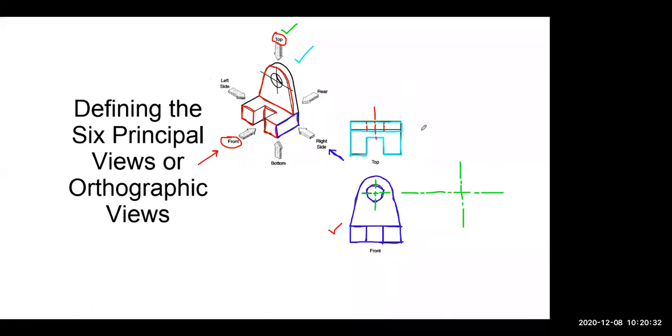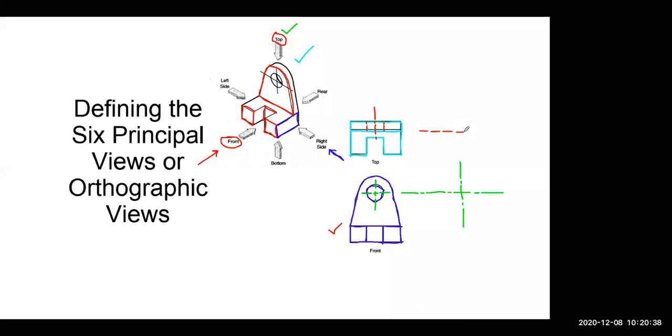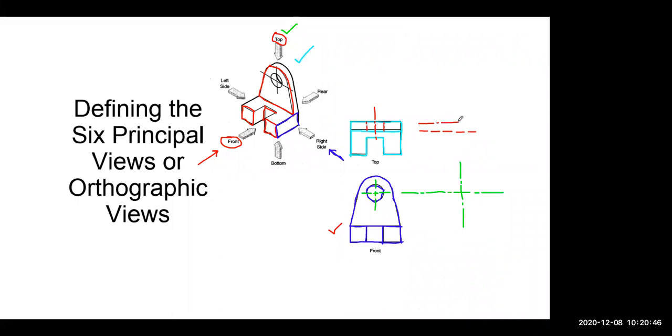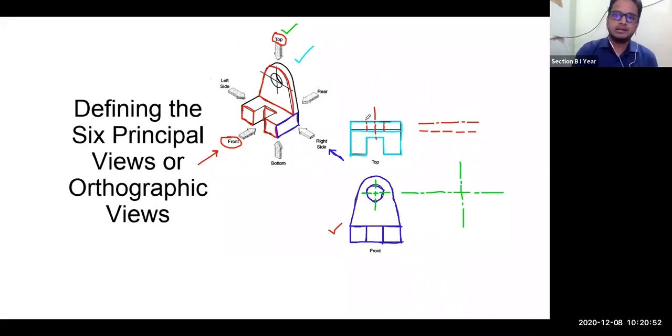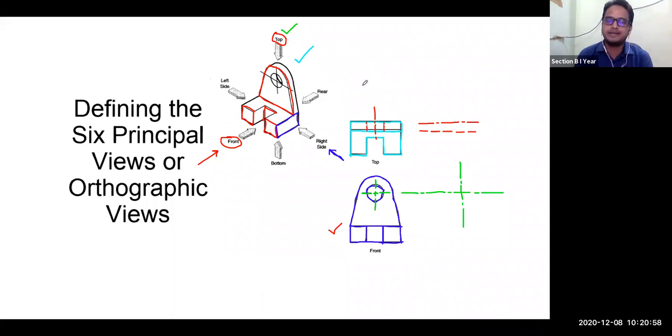Dash lines will be of equal length, and the center line will be like this: a big one, then a small dot, then a big one, then a small dot. So here, this hidden line is representing what? Which geometrical entity?